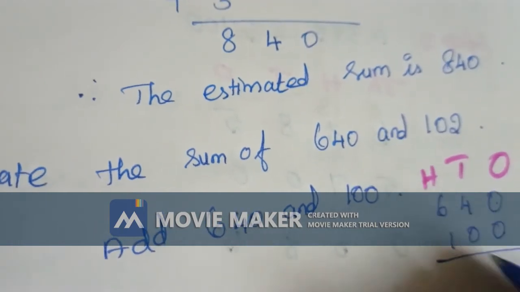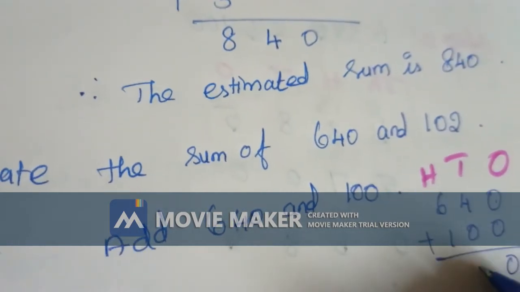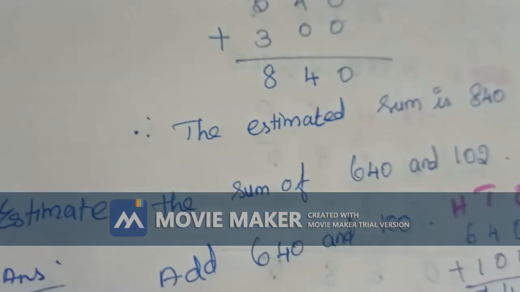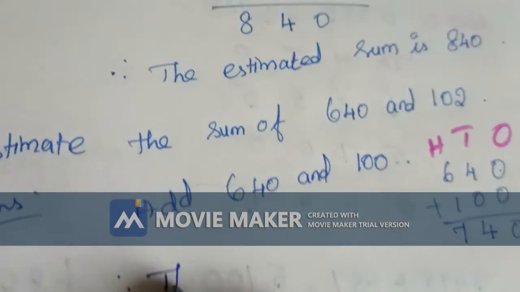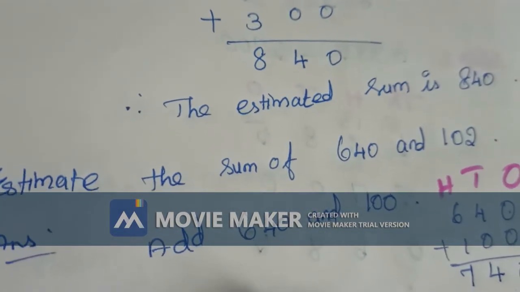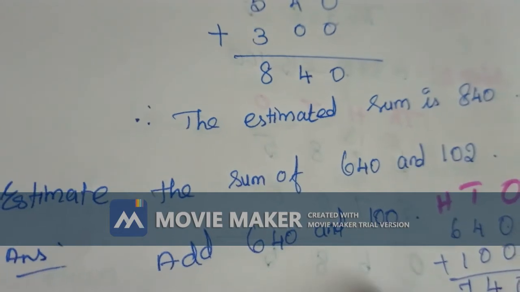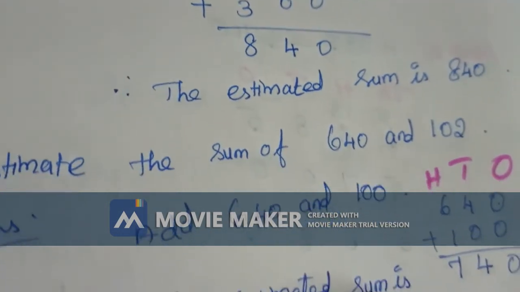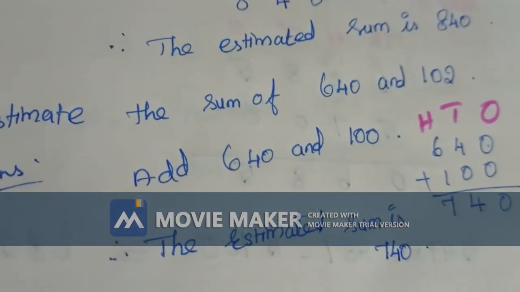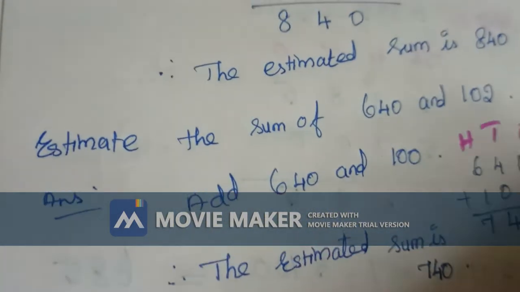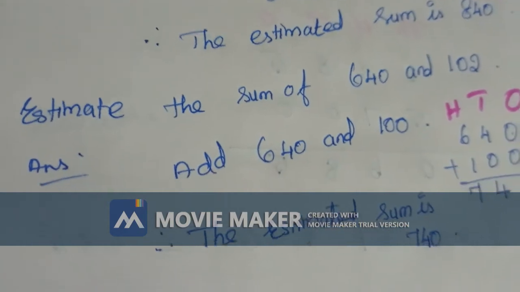So 0 plus 0, 0, 4 plus 0, 4, and 6 plus 1, 7. So therefore the estimated sum is 740.